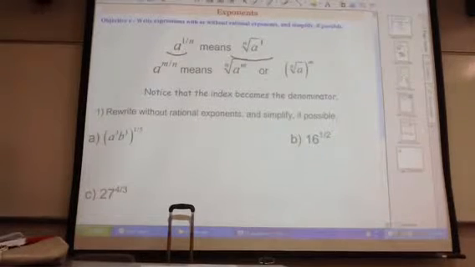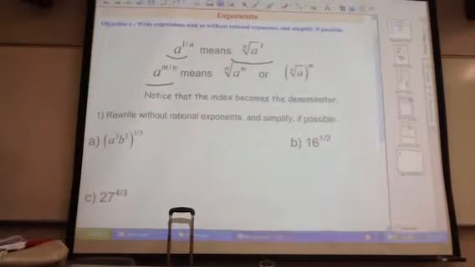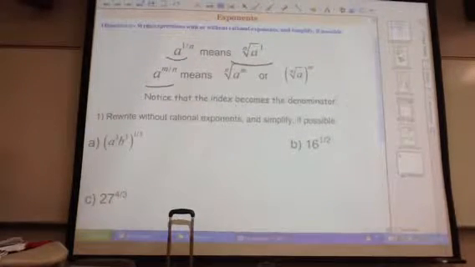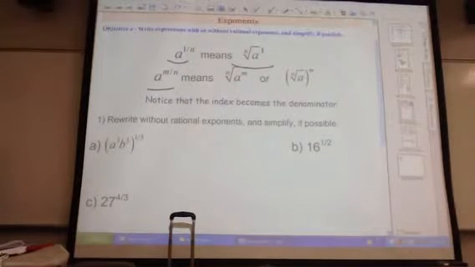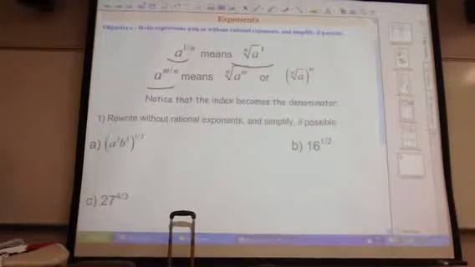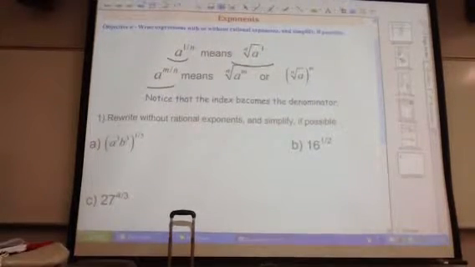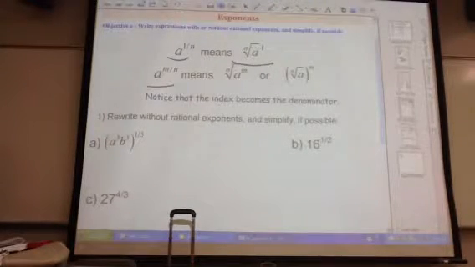Okay? Now, this is the same as above. That's the same thing. It's a fraction as exponent. But in that fraction, m is not 1. M could be any number. Could be 2, could be 3, could be 4, whatever. If you have a number or a letter to the power of a fraction, you can translate it as a radical. How?